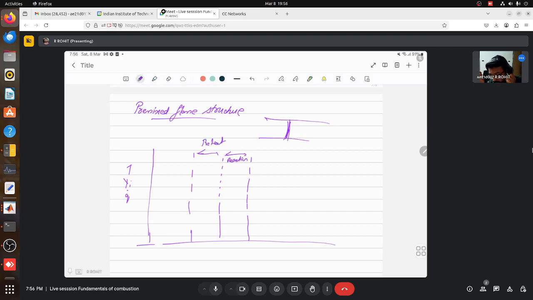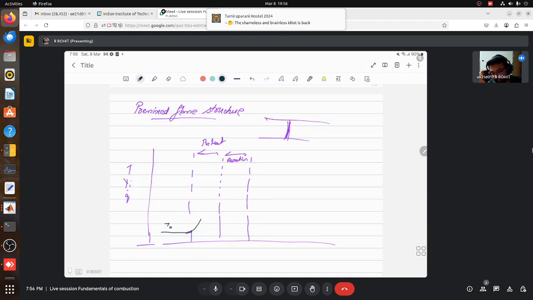Initially the temperature was at T0, and as it comes close to the reaction region, there is a slow rise in temperature.